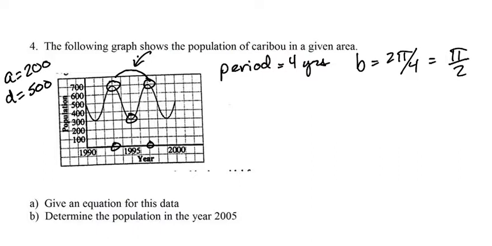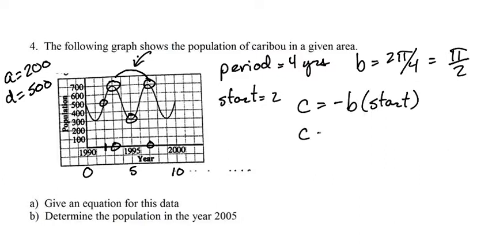If we think of our years as starting at 0, 1, 2, 3, 4, 5, 6, 7, 8, 9, 10, we can see that our start point is happening in the second year. So if our start equals 2, then we can find our C value by going C is equal to negative B times the start.